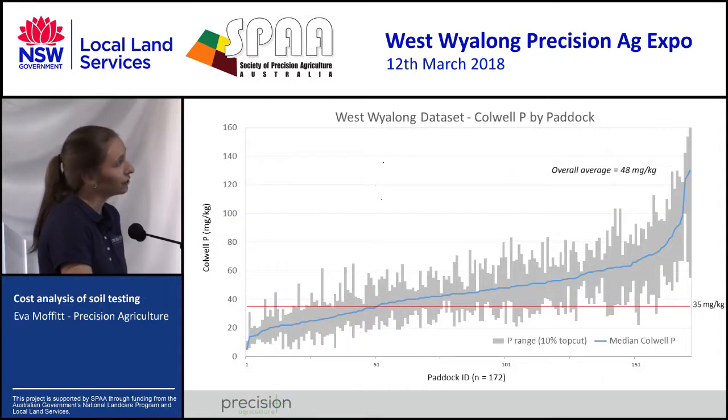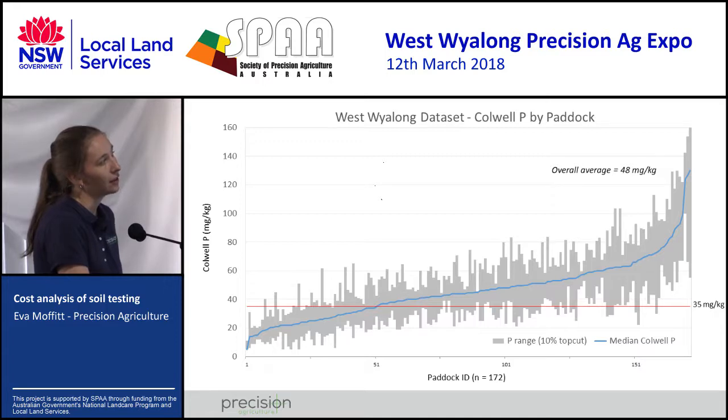So I've just got the phosphorus data in a similar format to the pH data. Interesting to note, our overall average there is 48 milligrams per kilogram. If we consider the normal critical value for Colwell P being 35 milligrams per kilogram, which is the red line, a significant portion of the data set is above 35.